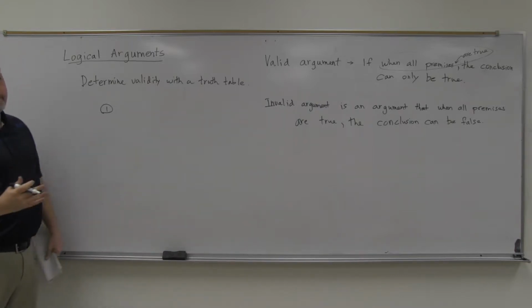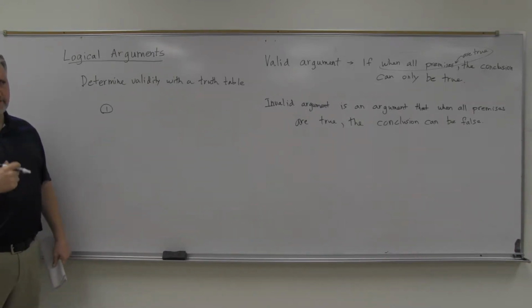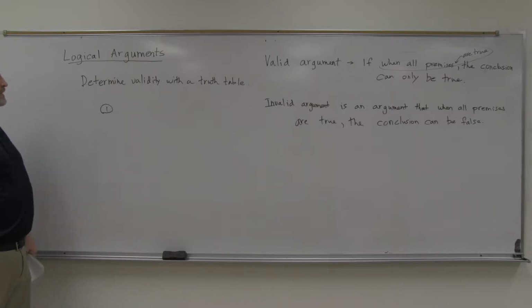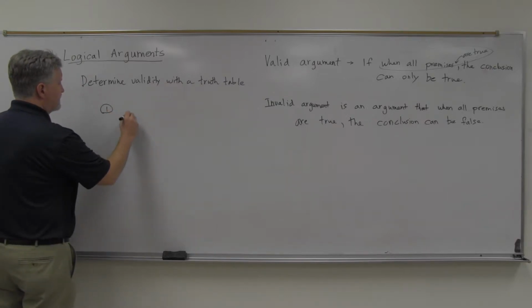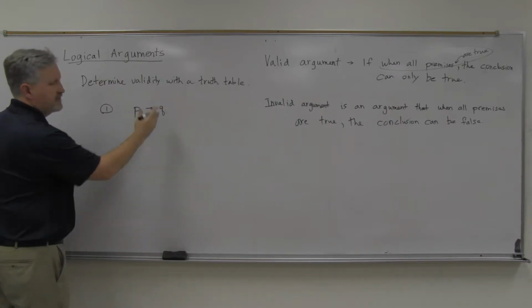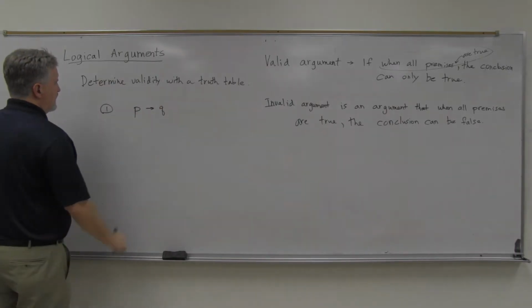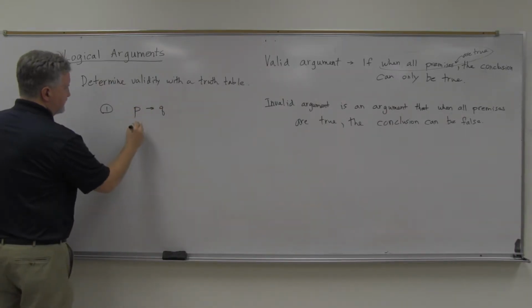Now we're going to go to some symbols here to keep it a little compact. All right, so let's say we got this argument. Premise 1 is P arrow Q. If P, then Q. Premise 2 is just the P statement.